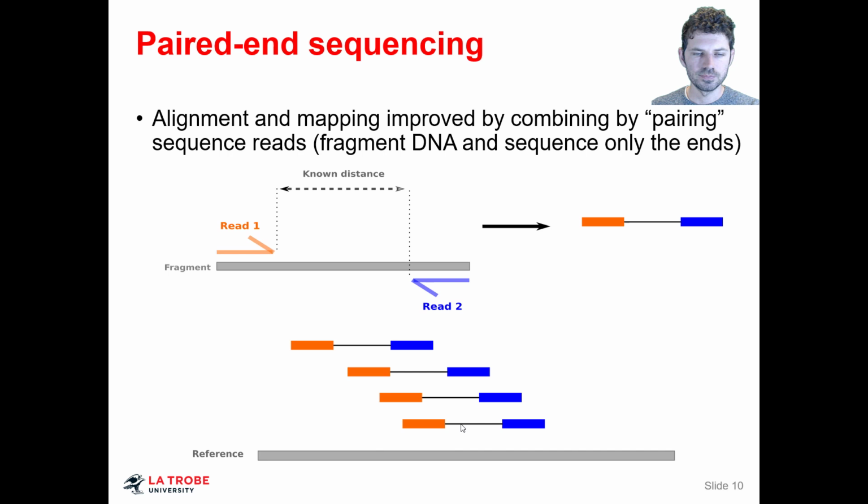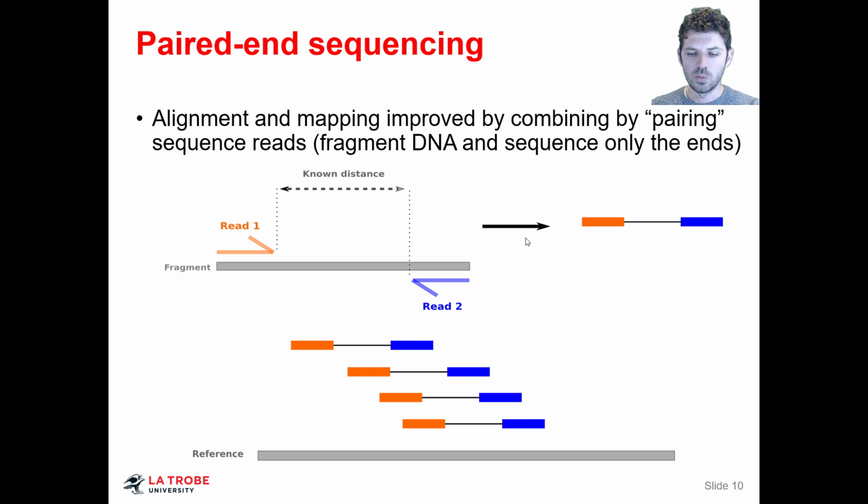So when you map these paired end reads to your reference, you'll see that read 1 is over here and read 2 is over here, and they should map to the reference in this way.